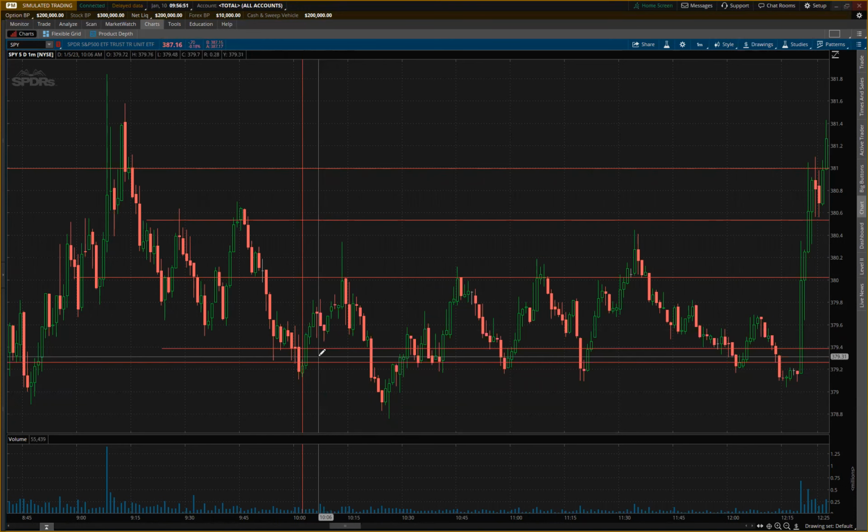If you want to buy a call option, then we're looking for these green candlesticks, and that means that you're hoping the stock goes up. If you want to buy a put option, we're looking for 3 red candlesticks consecutively, and we're hoping that the stock goes down.